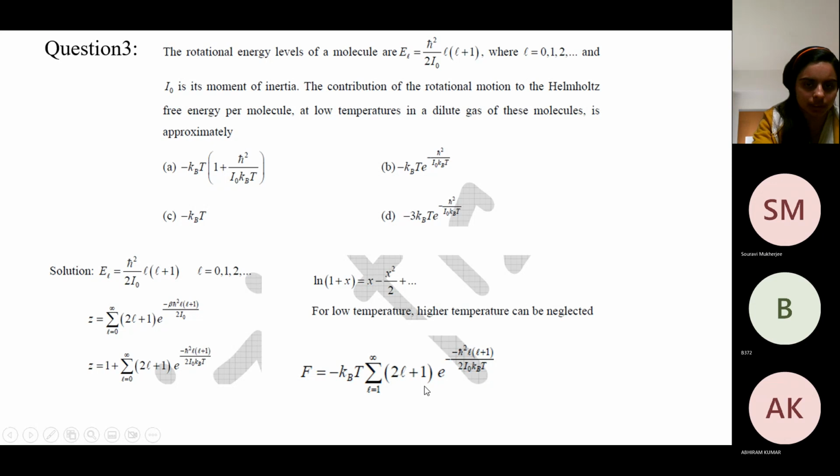Think of the summation and think about what remains when you work at low temperature. Just put the value for L. You want to put the first value of L.